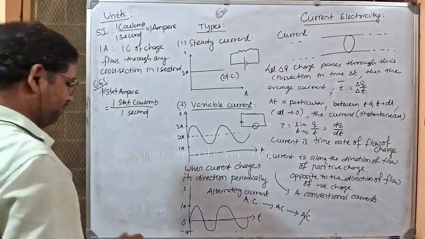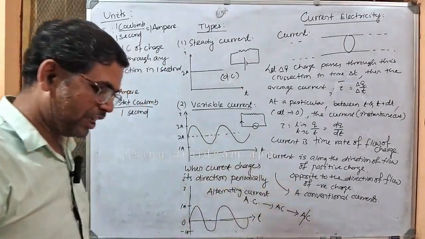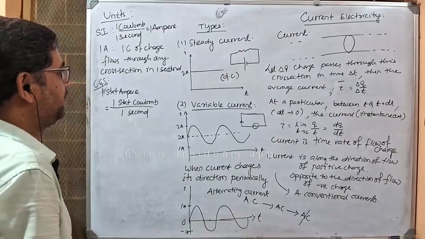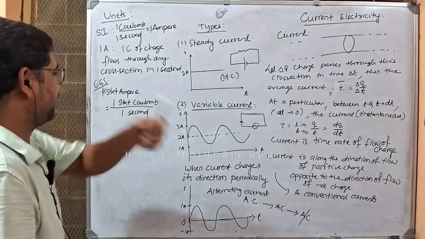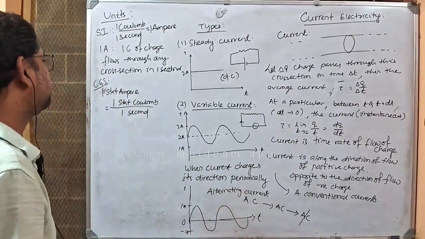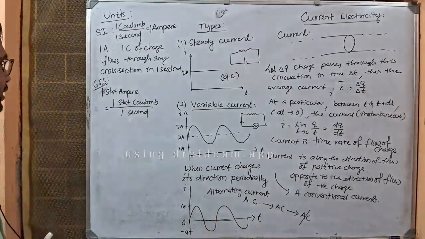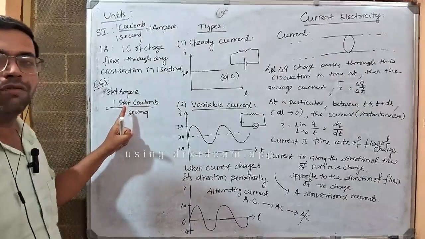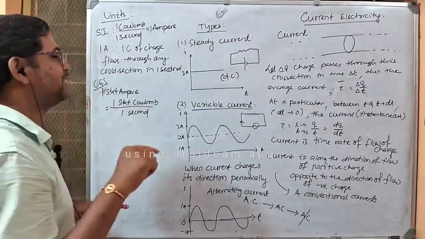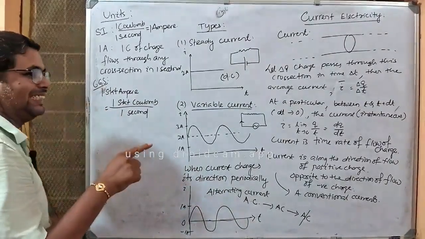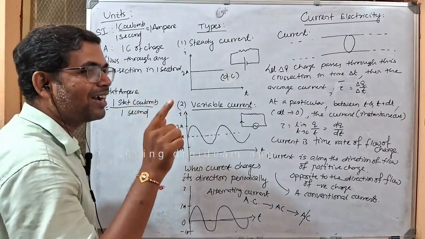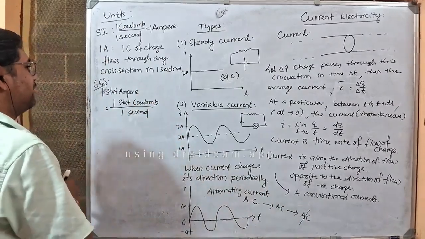Second does not change in any unit. It is always second, whichever unit you choose. The word stat is used in a specific CGS unit, that is the electrostatic unit.